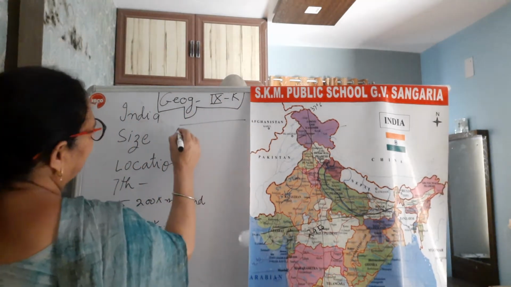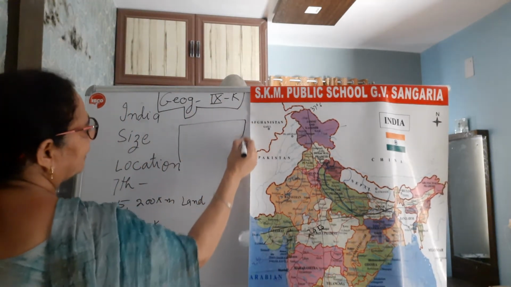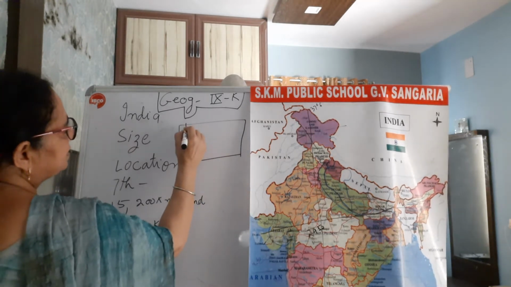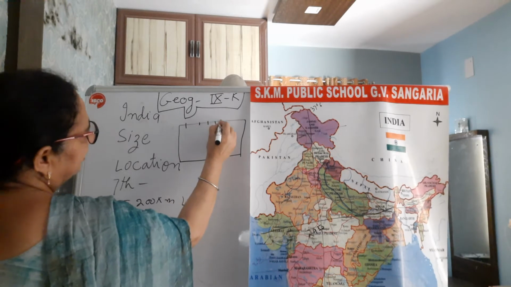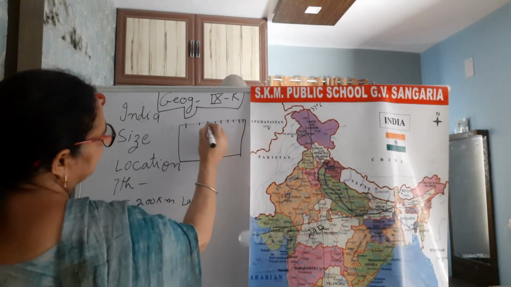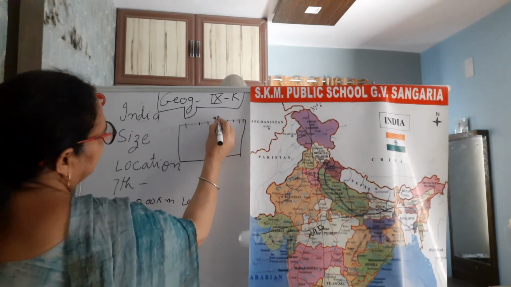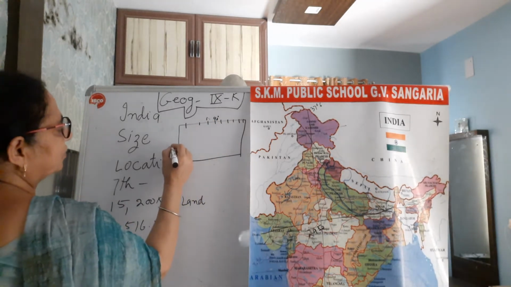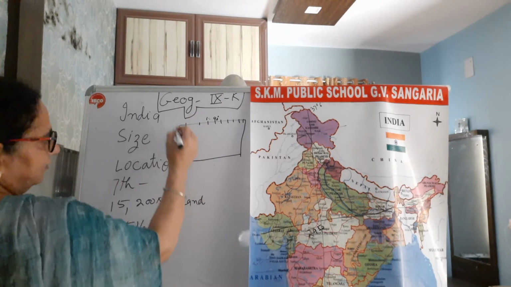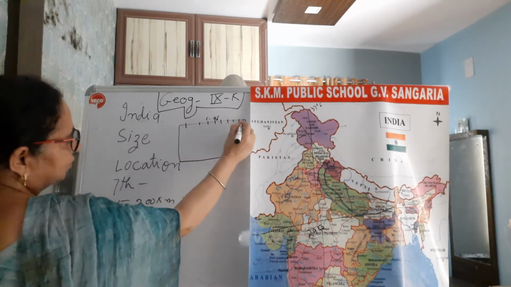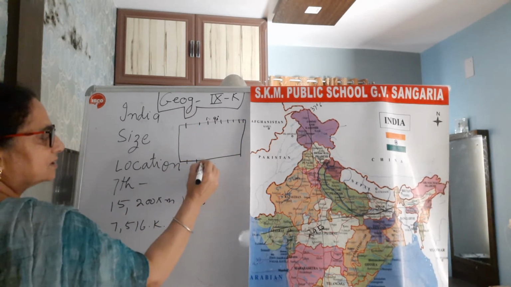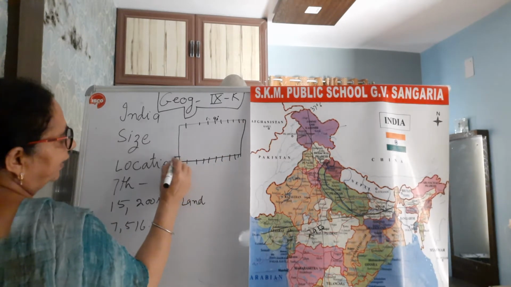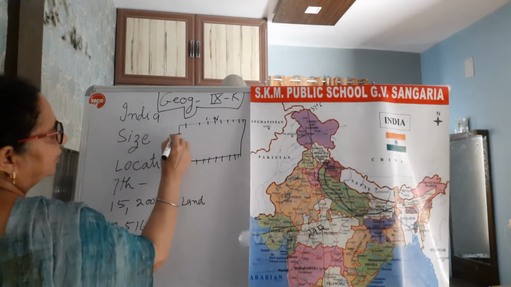Suppose this is a world map, and you have seen some degrees written here, 60 degree, 90 degree, and exactly the same way in this horizontal way, and then vertical way also.